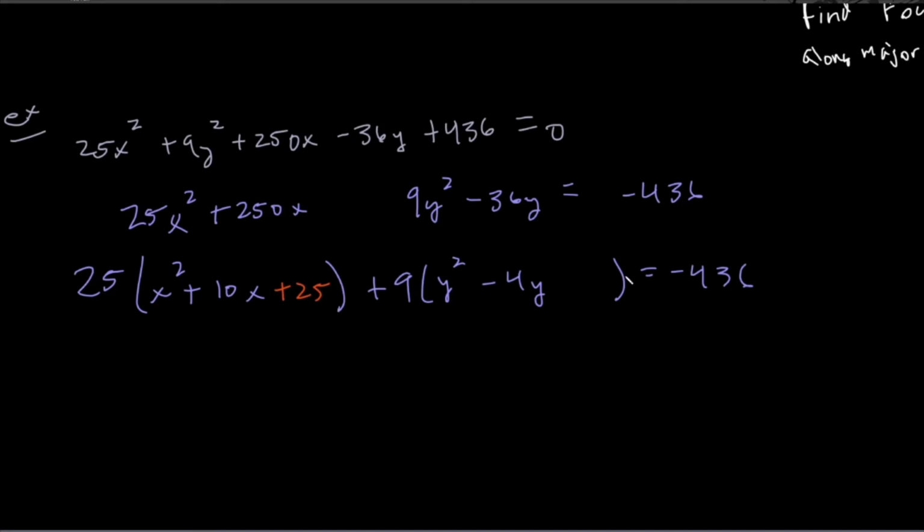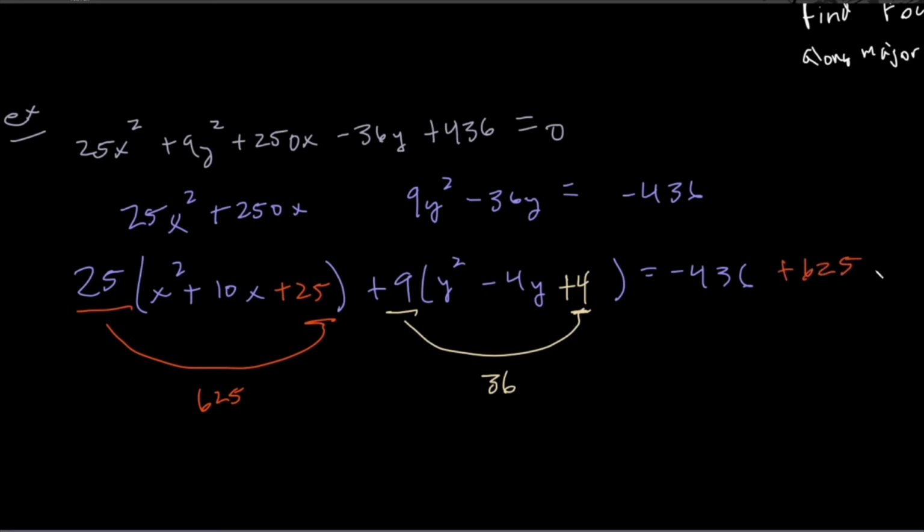We actually created 25 lots of 25 units and 9 lots of 4 units. So I need to add 625 from completing the square on the x's and 36 from completing the square on the y's. So I get equals 225.